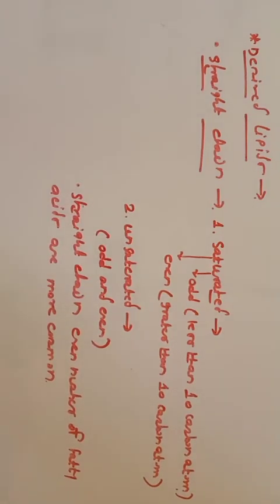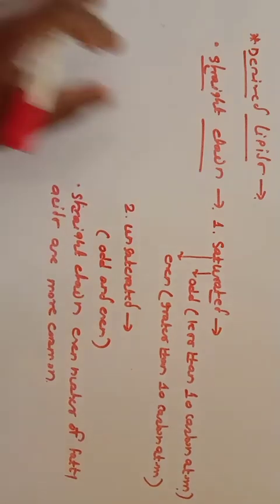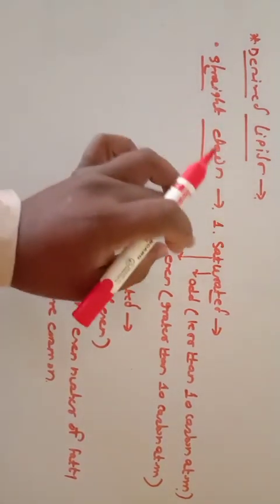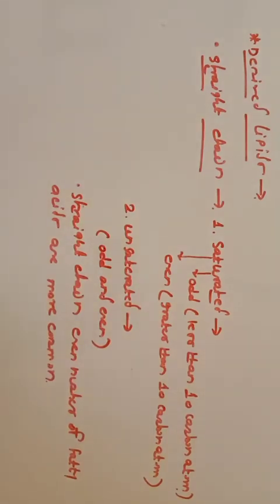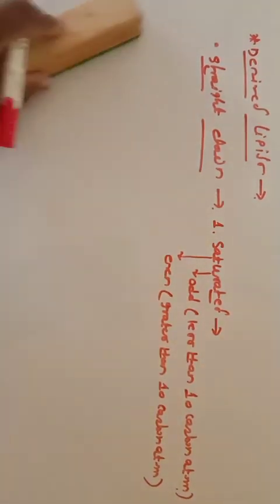Let us discuss the first one. So this is all about the straight chain, in which the first one is saturated fatty acid and second one is unsaturated fatty acid. So let us discuss the saturated and unsaturated fatty acid. Let us discuss the first one, that is saturated fatty acids.